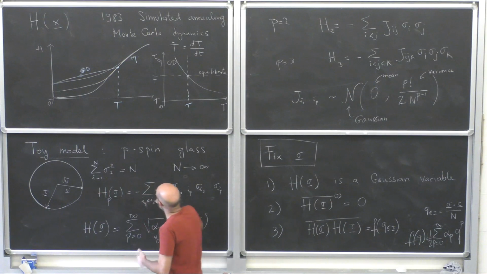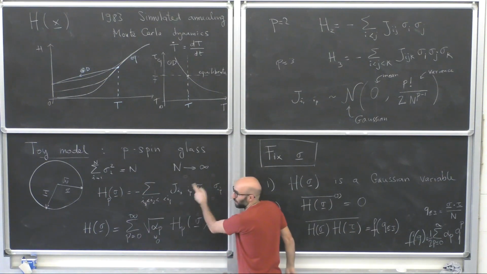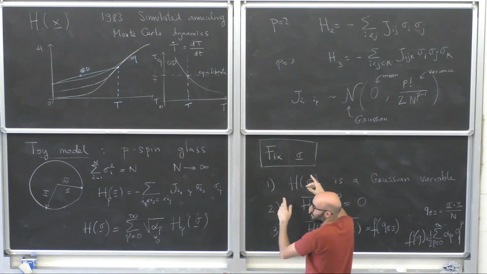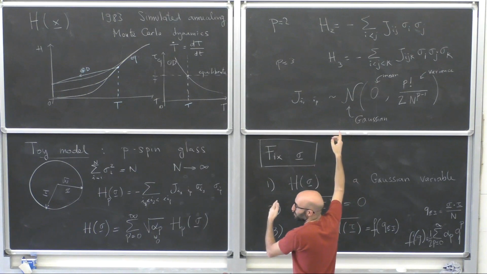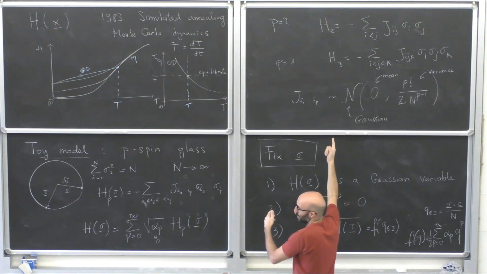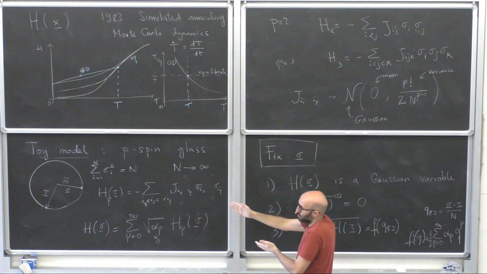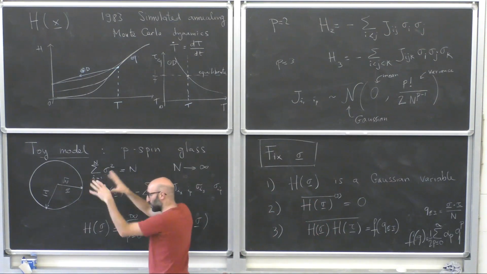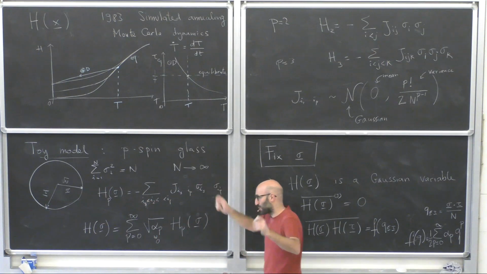And this constraint is needed because otherwise it's unbounded, right? If you have sigma_i sigma_j and J_ij is a random matrix, you have directions where the Hamiltonian is growing. So you put it on the sphere just to avoid explosion.